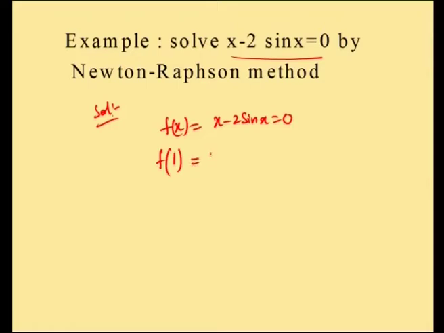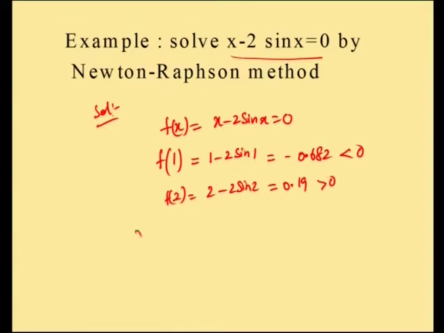So, f of 1 is 1 minus 2 sin 1, and this is equal to minus 0.682, which is less than 0, negative. And f of 2 is equal to 2 minus 2 sin 2, and this is equal to 0.19, which is positive. Therefore, the root lies between 1 and 2.